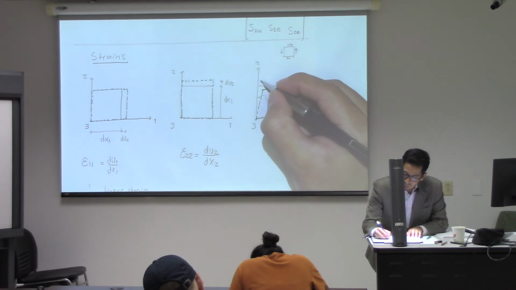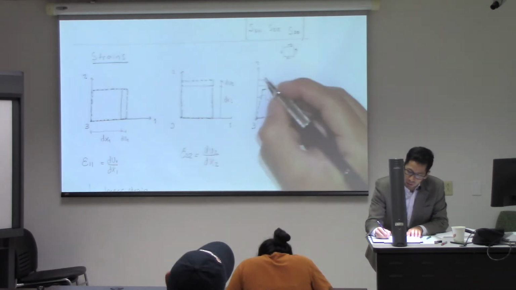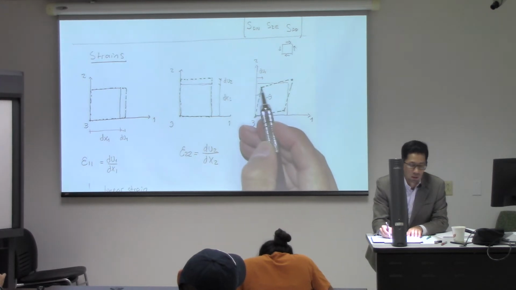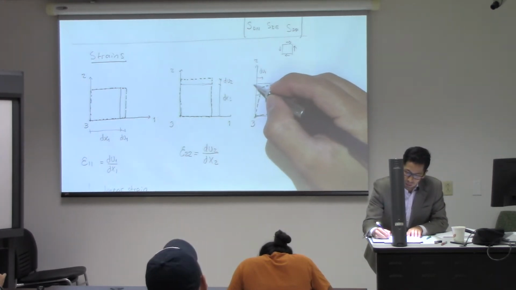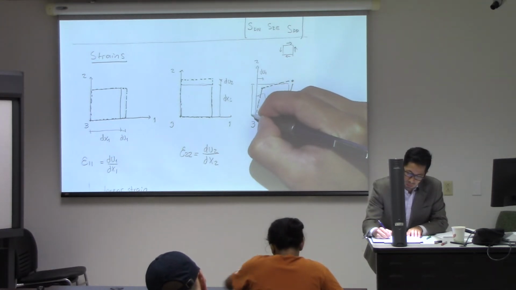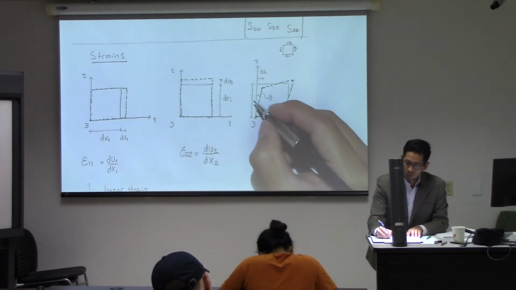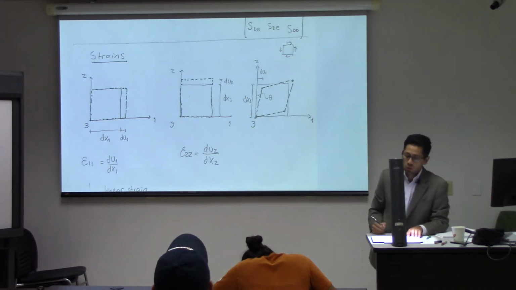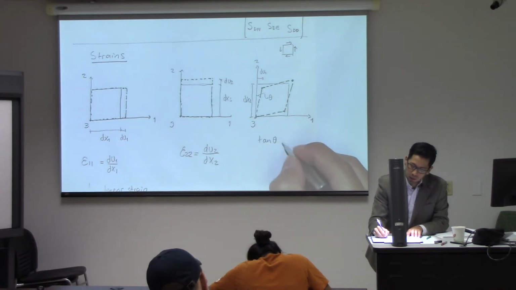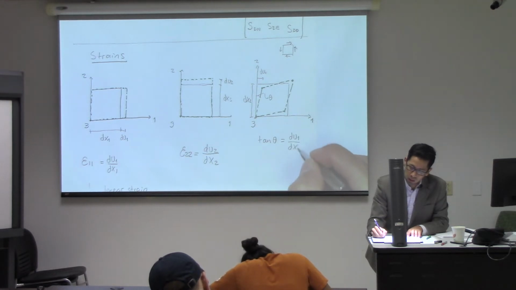Well, you will see that if I look at that point over there, it moves an amount du1 in direction number 1, and it was originally somewhere over here, where the length, what is that length? That one is dx2, right? So here the tangent of that angle theta is just du1 divided by dx2.